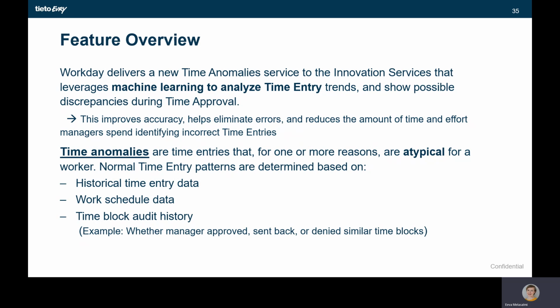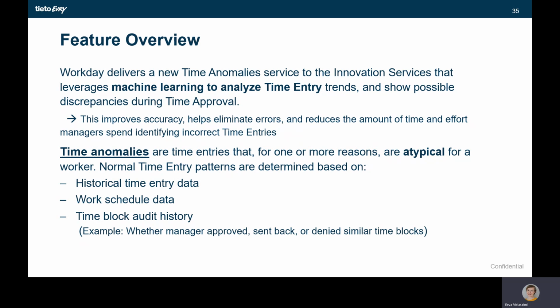Basically to improve accuracy and help to eliminate possible errors, and in the end, hopefully reducing the amount of time and effort that managers spend on identifying the incorrect time entries.